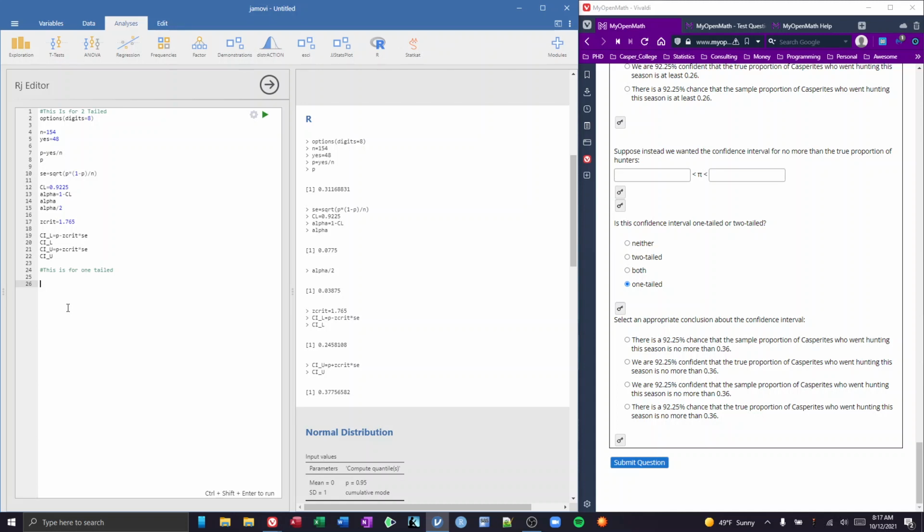And then the other side goes to either 0 or to 1, because that's the maximum and minimum that a proportion can be. Okay, so let's look at this. We'll do one-tailed lower bound, and this is when we say "at least."